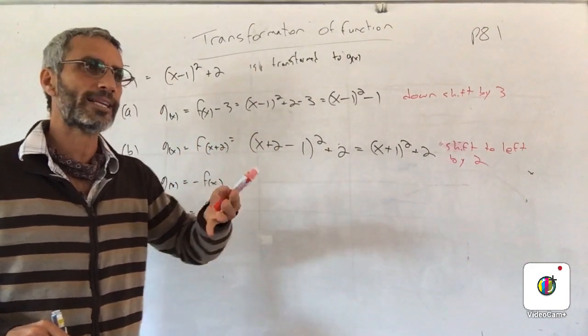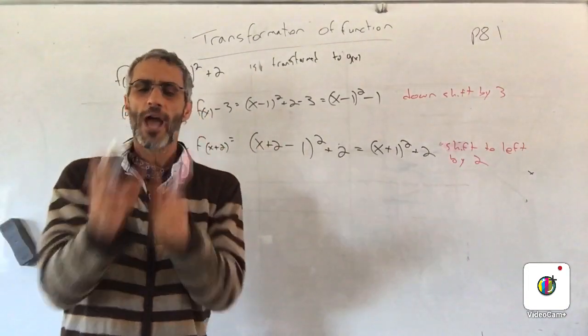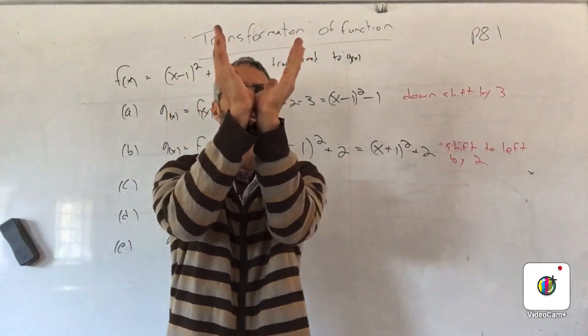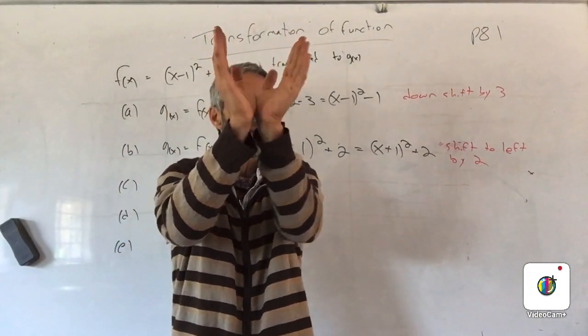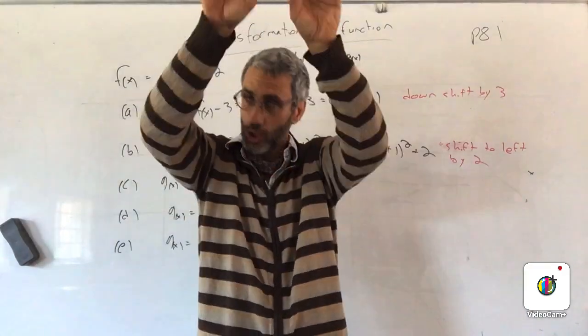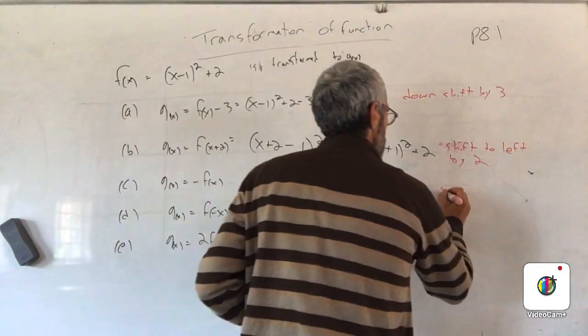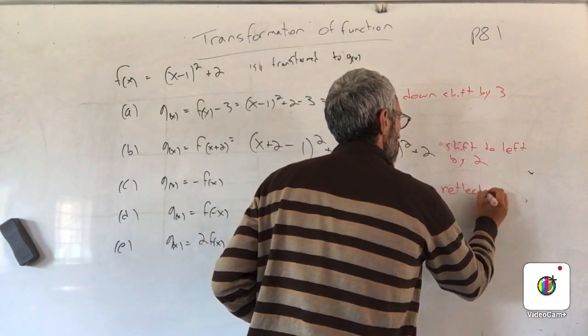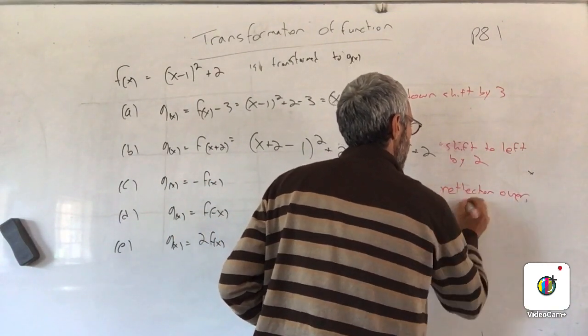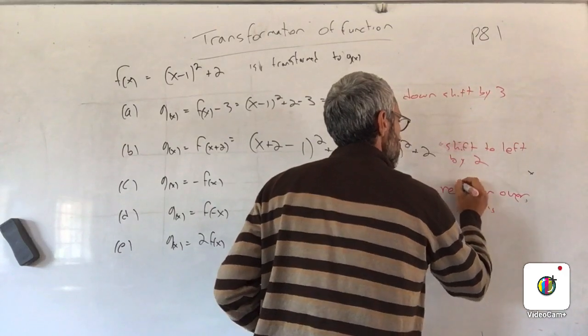On the y-axis, okay? If you had y equal x squared, and now you say y equal minus x squared, you're not shifting, you're reflecting it over the y-axis. So, reflection over y-axis.